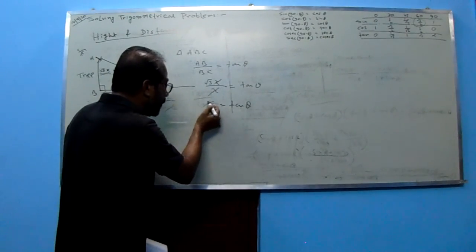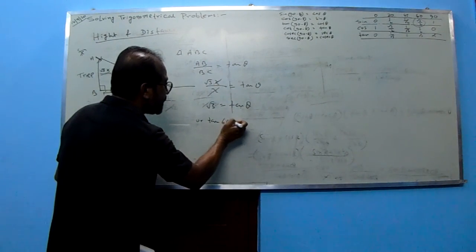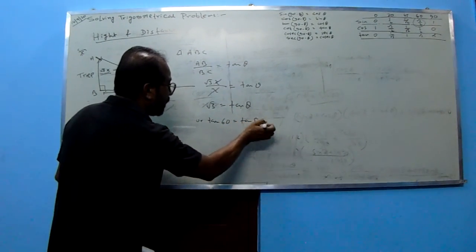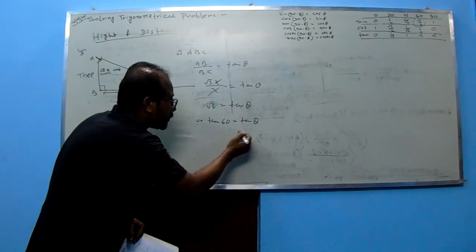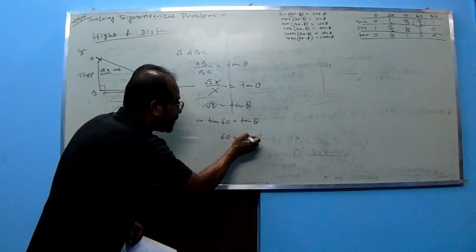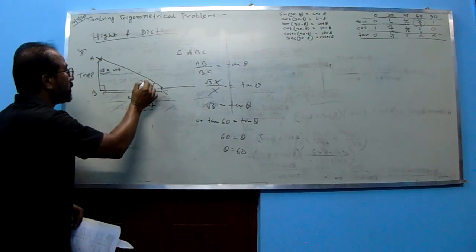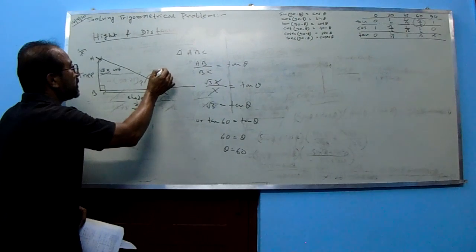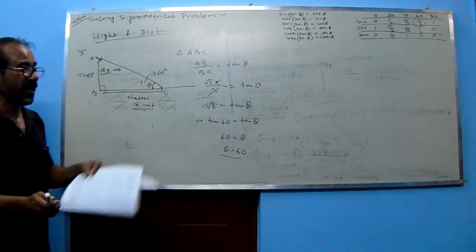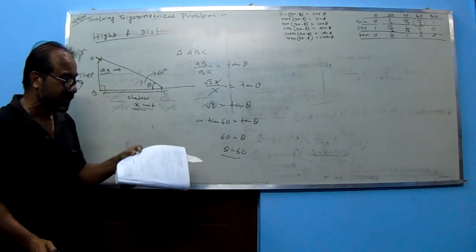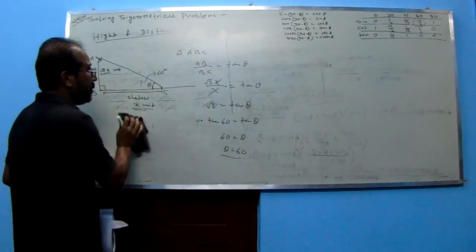So in place of root 3 I must write tan 60 equals tan theta. Both sides tan is nullified. So 60 equals theta, or theta equals 60 degrees. So this is the answer. This is the first math of height and distance done. I am rubbing it off.